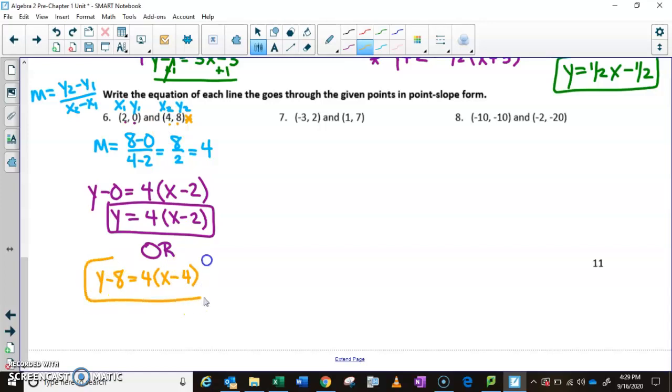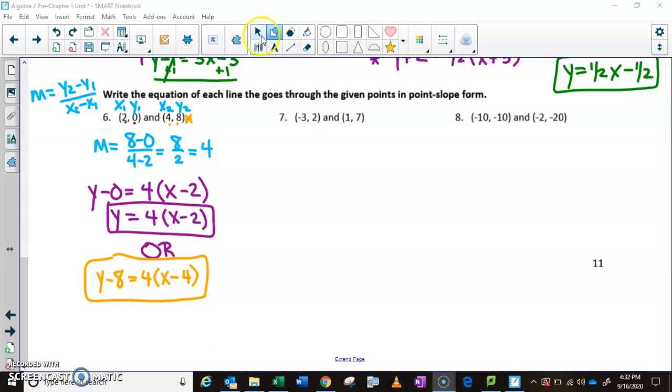And that would be my other correct answer in point-slope form. Both of them are correct, and both would be a correct form. If I would go on and solve these for slope-intercept form and solve for y, we would see that they both give us the same answer. Okay, this would be a good time to pause the video, try number 7 and number 8 on your own.